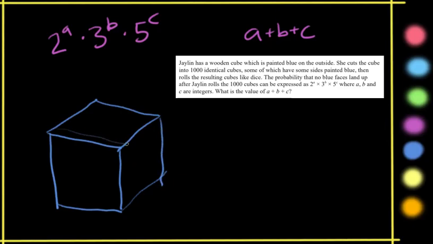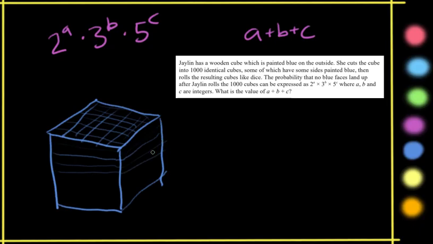You slice it into 10 slices this way, and then 10 slices this way, and then 10 slices this way. And when you do that, you end up with 1,000 little tiny cubes. And some of them have some blue on them because they were cubes on the outside, right?